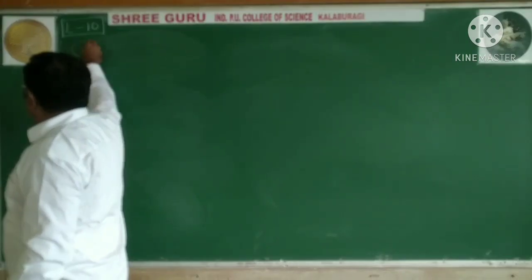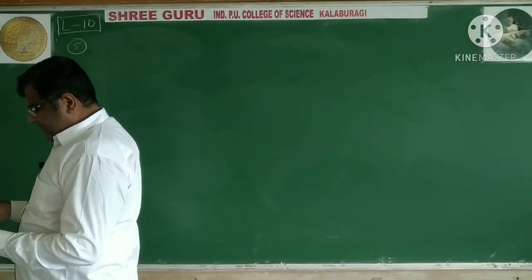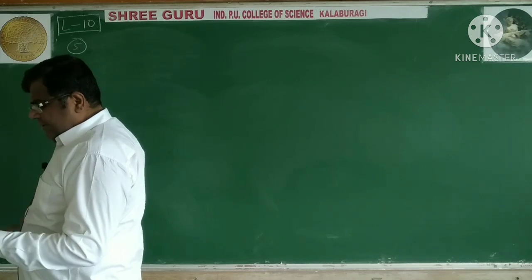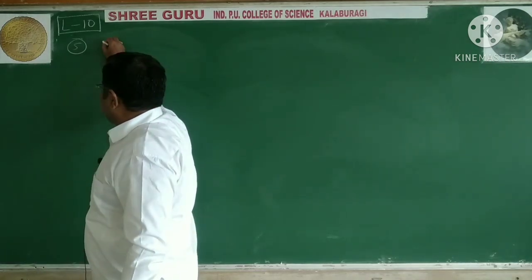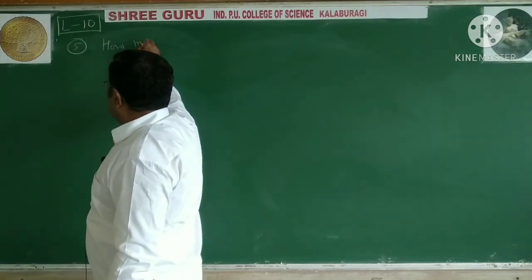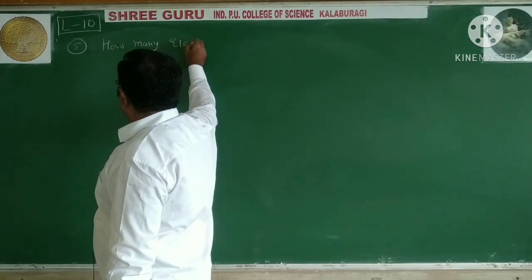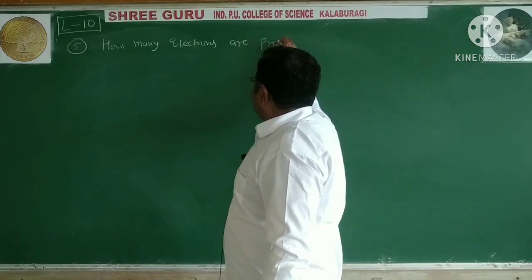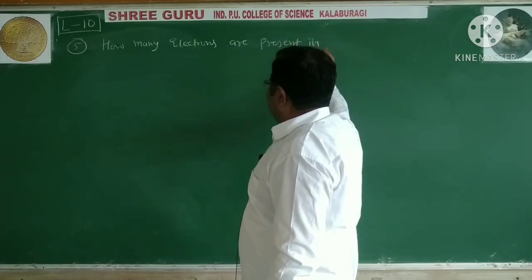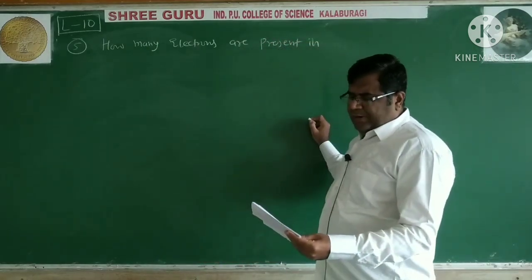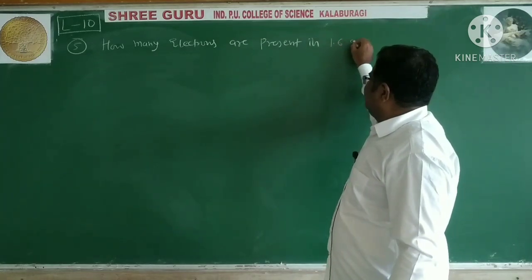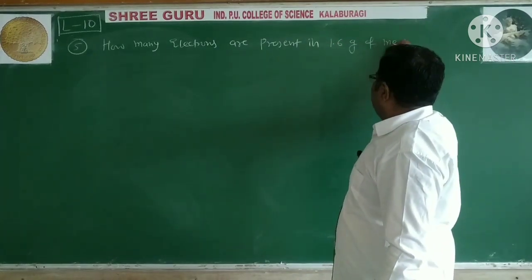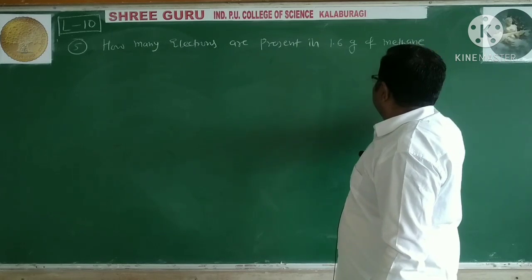So it is question number 5, and the question is, how many electrons are present in 1.6 gram of methane?